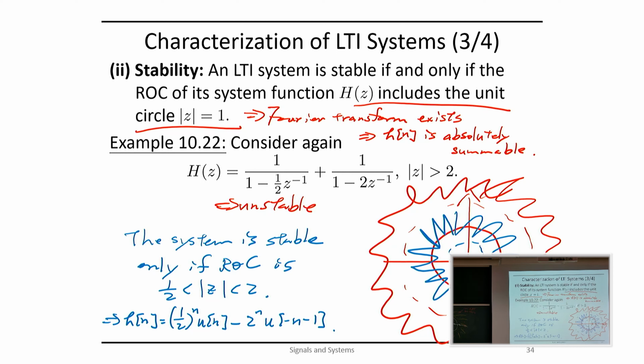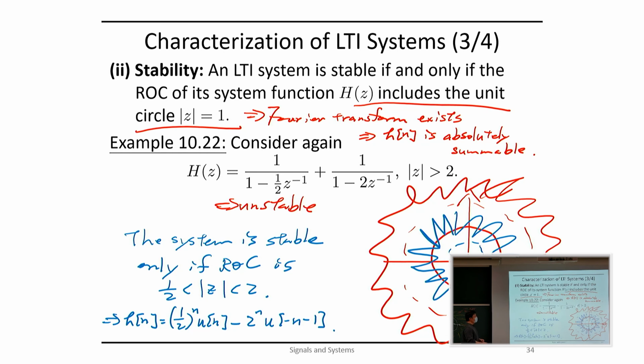Now, similarly for this Z transform as well, if your system is rational and causal, then your region of convergence must be outside the circle corresponding to the outermost pole. So if you want your system to be stable, your outermost pole must be inside the unit circle. Whenever you have a pole that is outside the unit circle, this causal system cannot be stable.